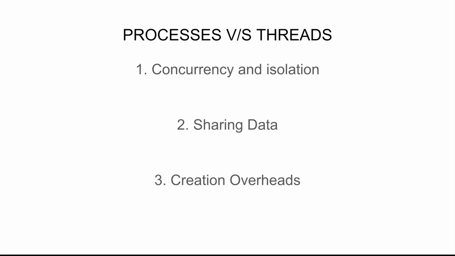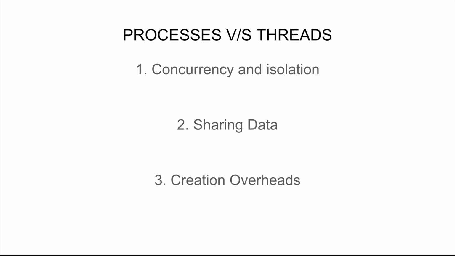Sharing data between processes would need us to perform inter-process communication by using any of the IPC mechanisms offered by the OS. It could be a shared memory segment, a message queue, a pipe, or a socket. Whereas in threads, it is easy to share data.